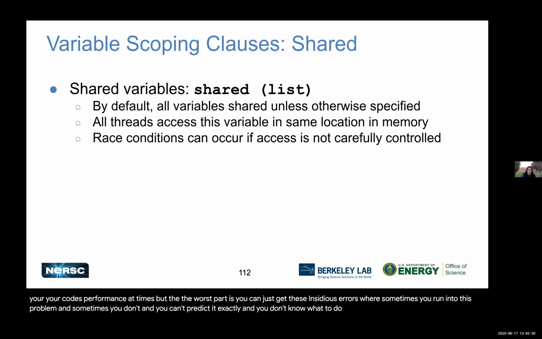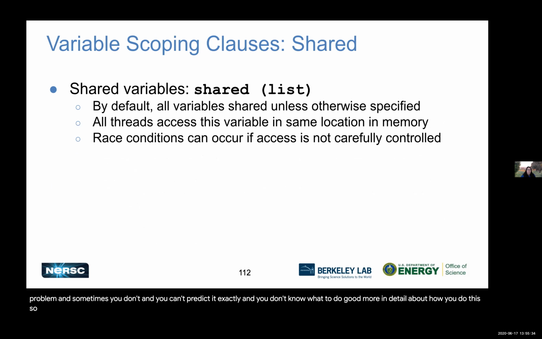So let's talk more in detail about how you do this. Shared variables: at the very beginning we saw the parallel section, and there was shared and private. Your shared variables, you just put them in a list.